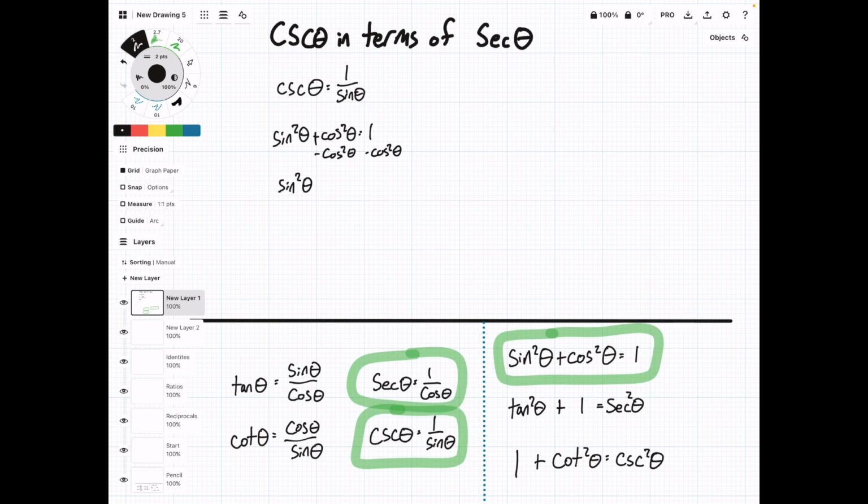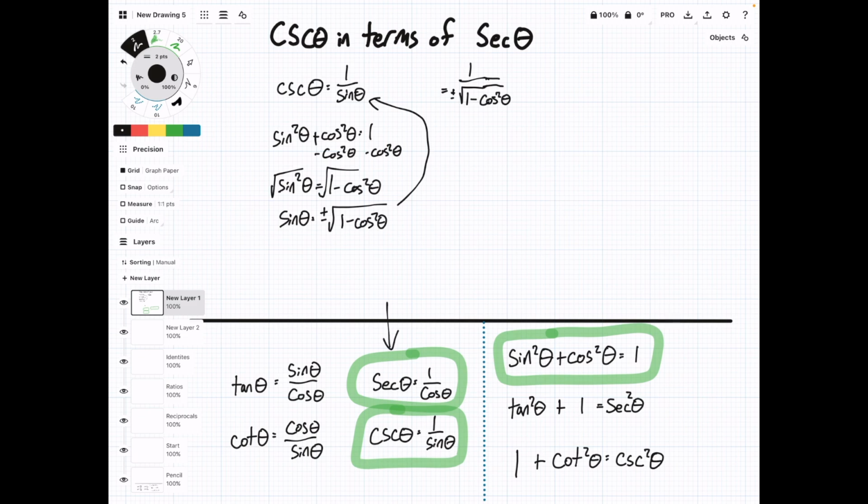We get sine squared theta equals 1 minus cosine squared theta. Take the square root of each side. Sine theta is equal to plus or minus the square root of 1 minus cosine squared theta. So let's plug this into here. We get this is equal to 1 over plus or minus the square root of 1 minus cosine squared theta.